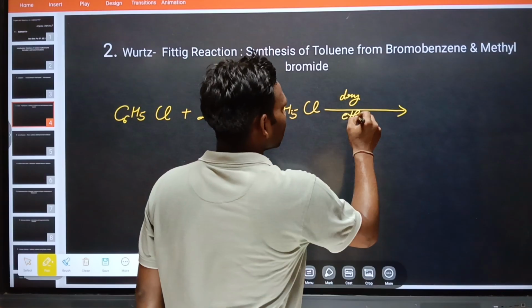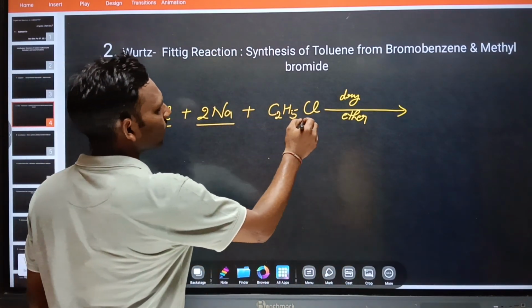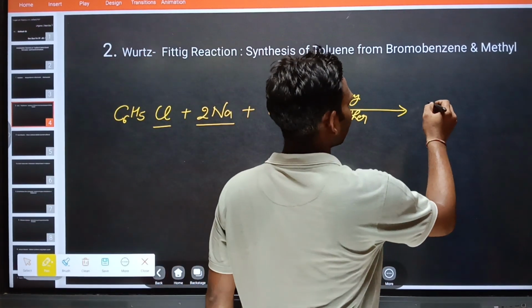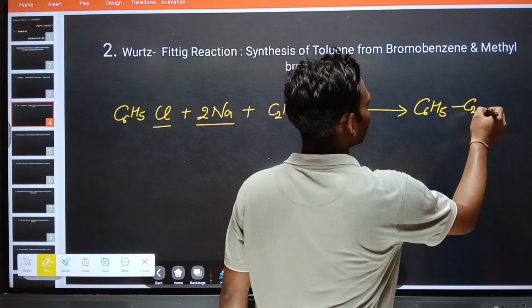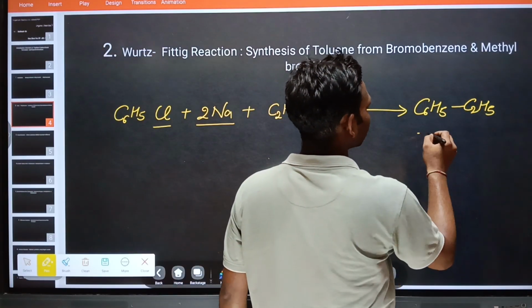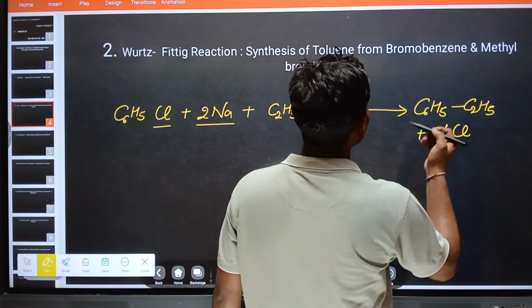Then Cl and Na are removed, forming C6H5C2H5 plus 2NaCl.